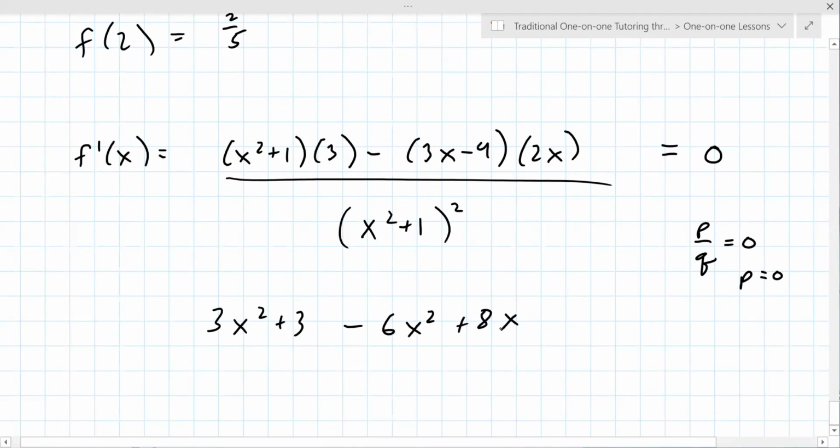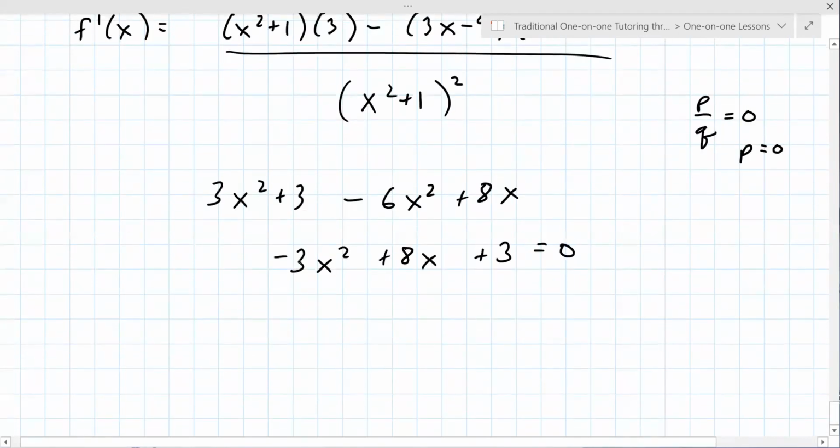So we end up getting minus 3x squared plus 8x plus 3 equals 0. As a reminder, you can change the sign of all these to make it easier. You can also just factor it with a negative. My guess is you would probably make this positive. So 3x squared minus 8x minus 3 equals 0.